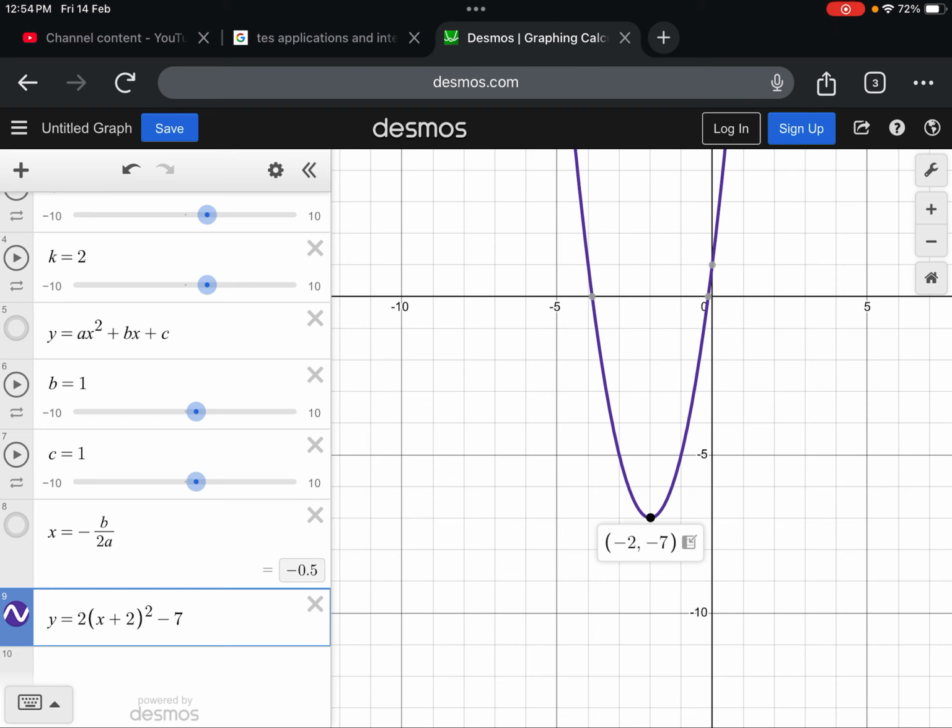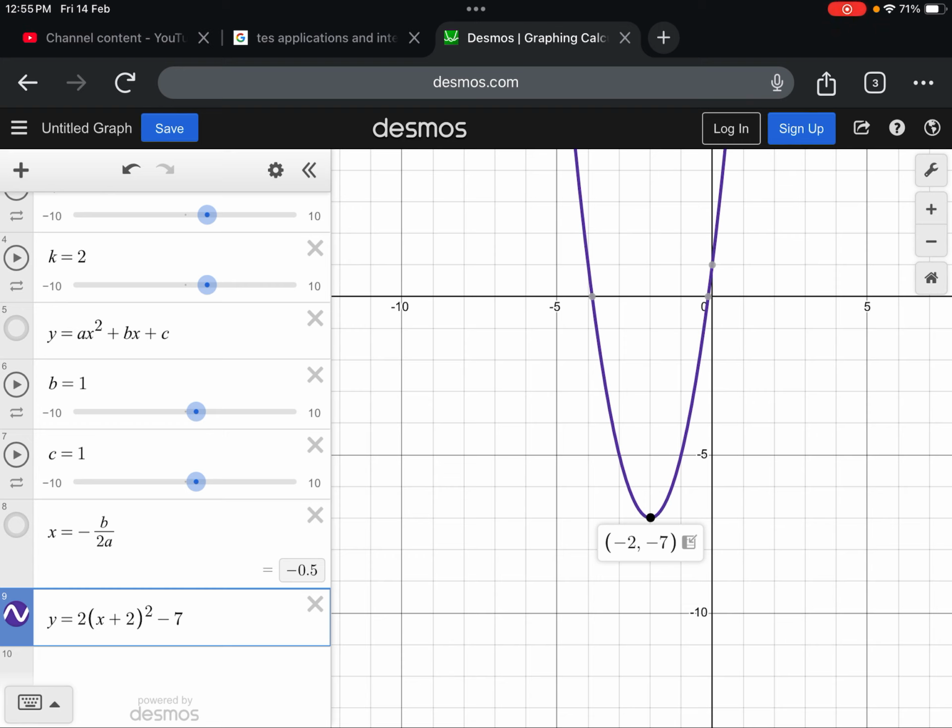Now, you probably would have realized as well, if you look at the equation, the y-coordinate of the vertex is -7, which is basically the -7 given in the vertex form equation. But I want you to look at what really happens to the x-coordinate of the vertex. Because in the equation, it says x plus 2, the assumption that I first probably would think, just like anyone else, is that the x-coordinate of the vertex should be +2.